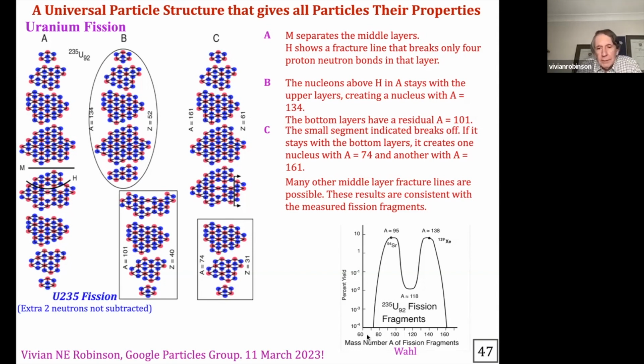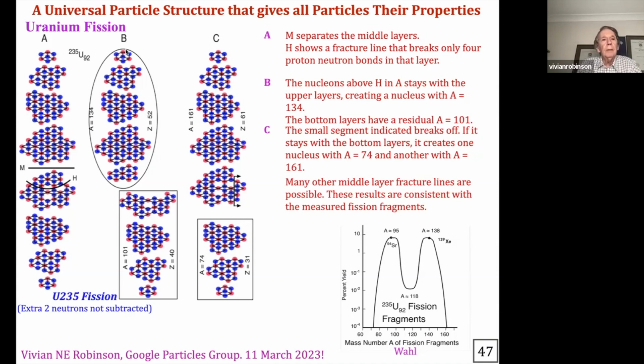You show 74 here, not bad. For 161, well, we've got to take off a neutron or two. You can take them off whenever you like, but I respectfully suggest that this particular model is rather good at also explaining what is happening with uranium's fission.